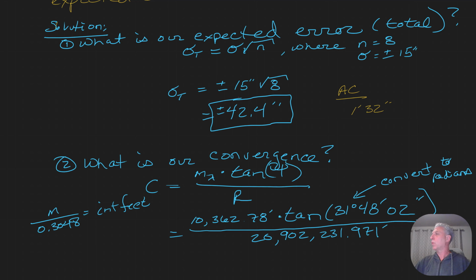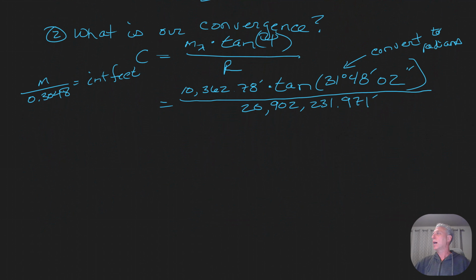And once I perform that calculation, I get convergence, converted back into DMS for reporting, equal to 0 degrees, 0 minutes, 34 seconds.